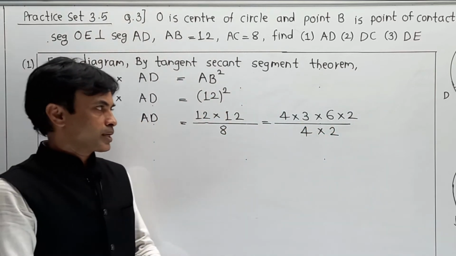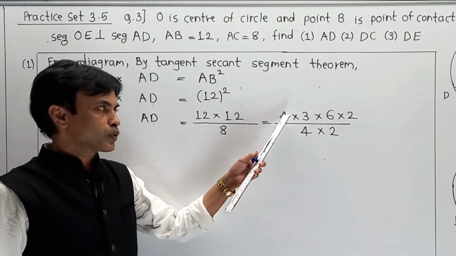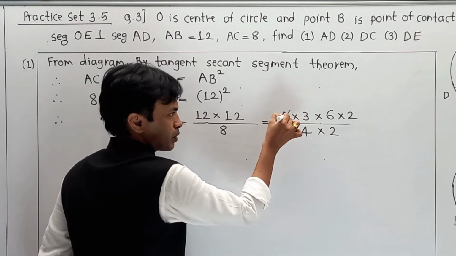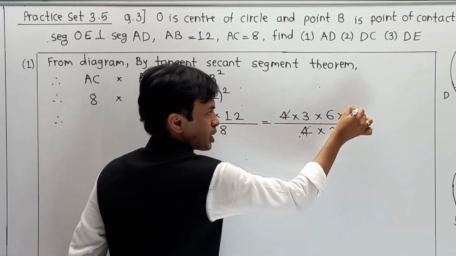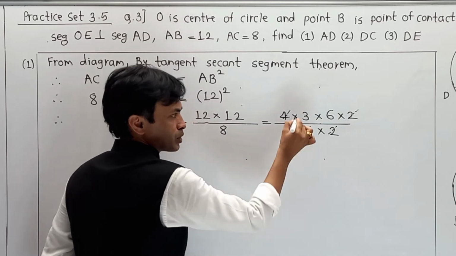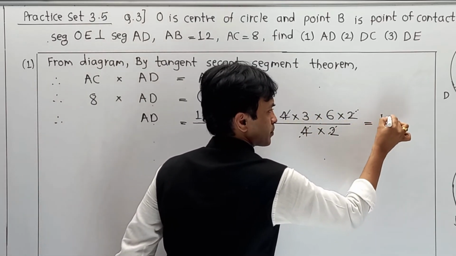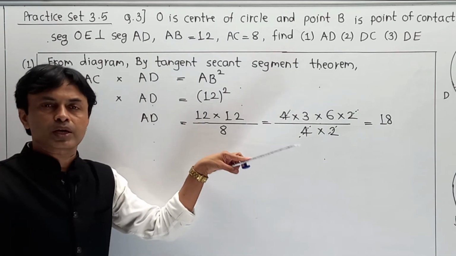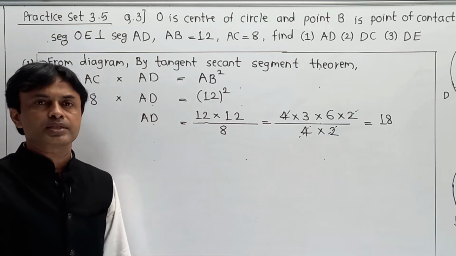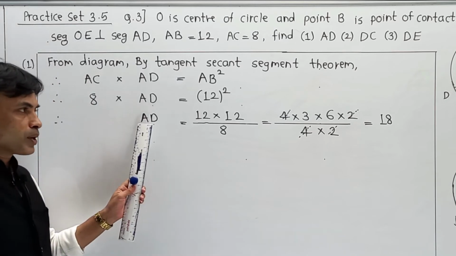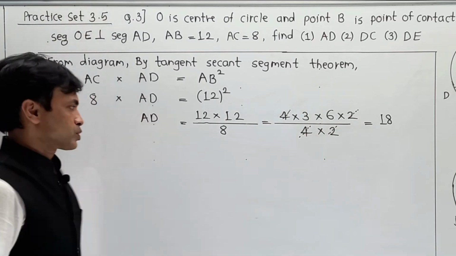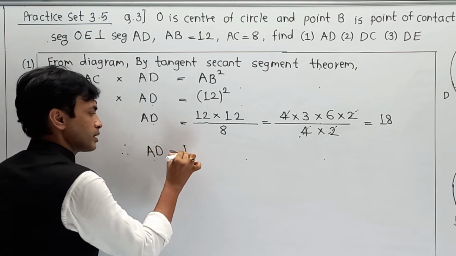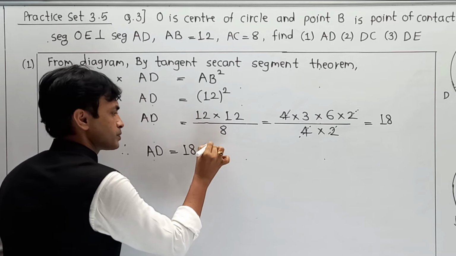Now 4 gets cancelled with 4 and 2 gets cancelled with 2. 3 into 6 is 18. Students, you are kindly requested to write down the steps in sequential manner. Now AD is equal to 18 units. So you are able to get the first part: AD is equal to 18 units.